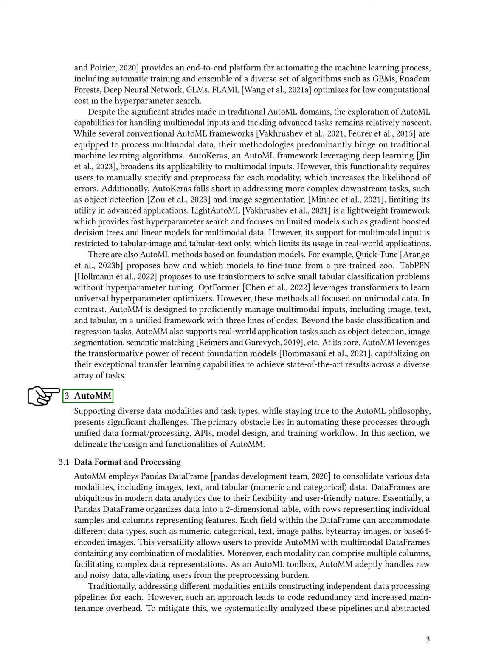When it comes to data format and processing, AutoMM utilizes Pandas dataframe to combine different data types like images, text, and tabular data, numeric and categorical. Data frames are widely used in data analysis due to their flexibility and ease of use.